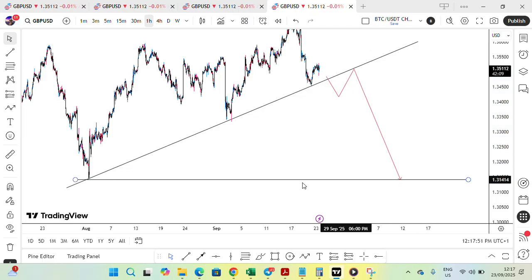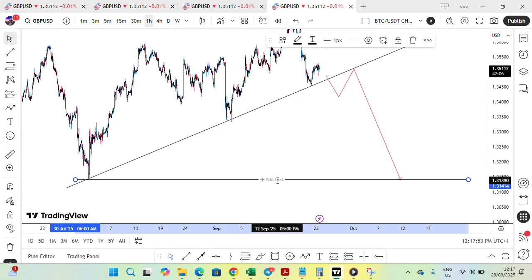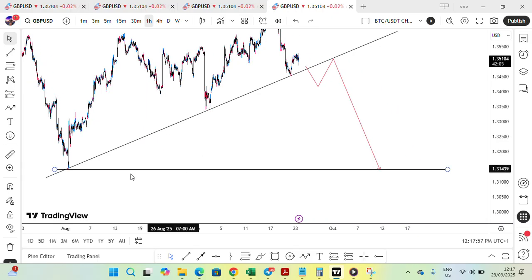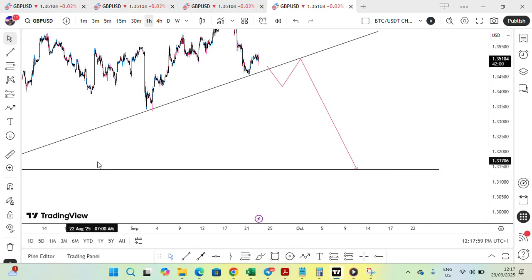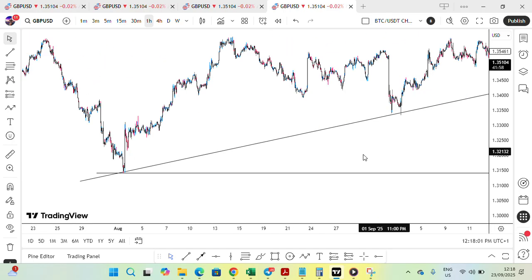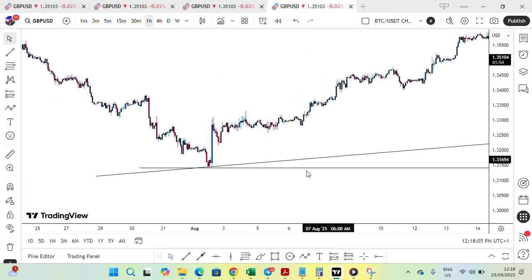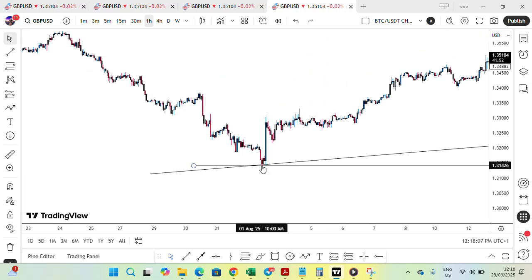If you look at it, you see that this level is a key level. If you zoom in on this market, you can see price came here, bounced off, came back again, bounced off again.